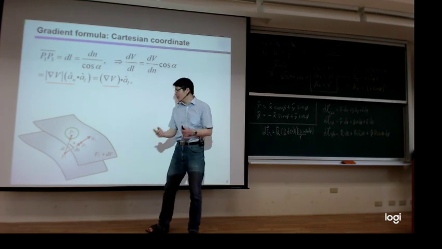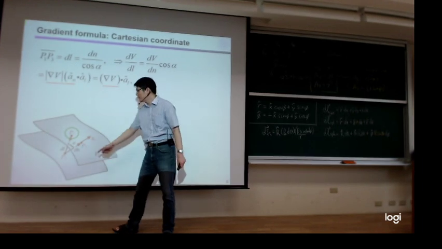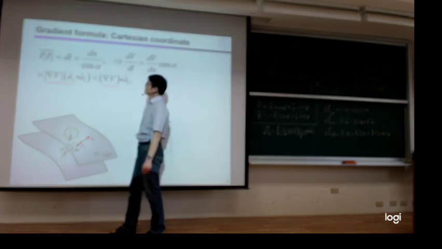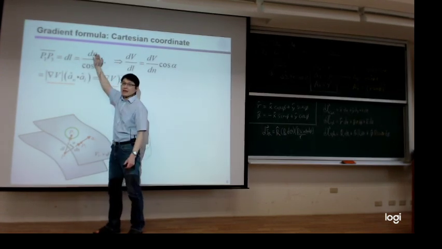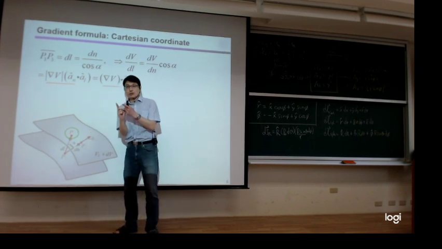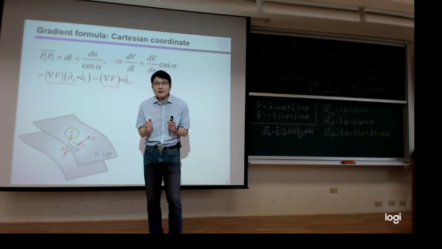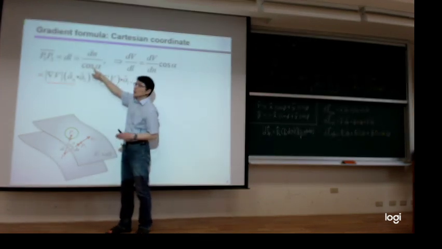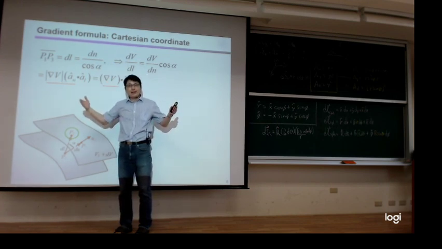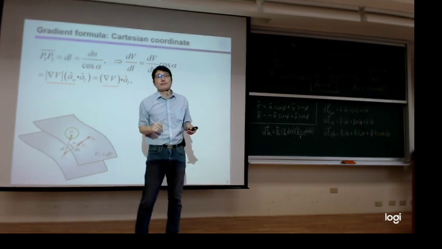How are dl and dn related? dn means the shortest path. dl is my personally, arbitrarily chosen path. So dl and dn, as compared, will be related by dividing by cosine alpha, alpha being the angle between the two paths. Is it reasonable? Anything divided by cosine will be longer, right? Because cosine is limited to smaller than 1.